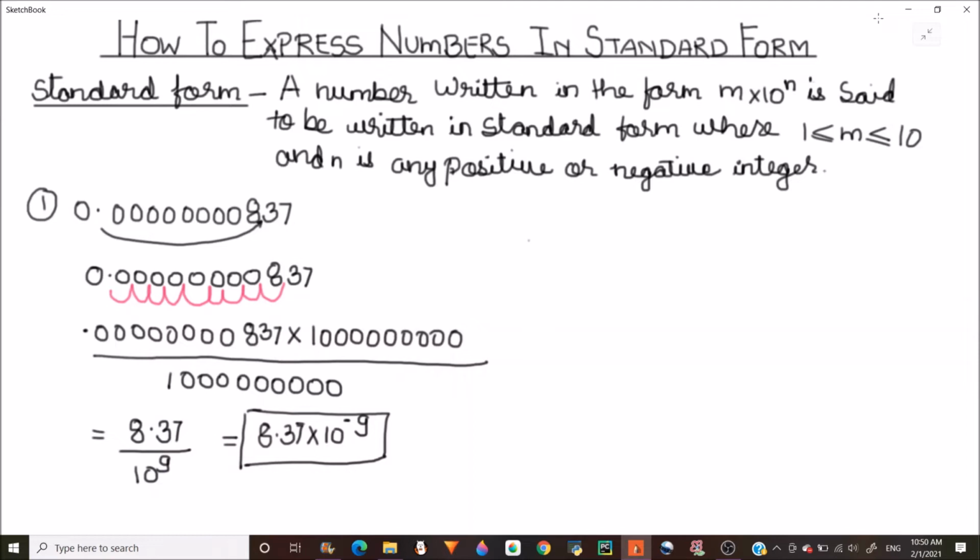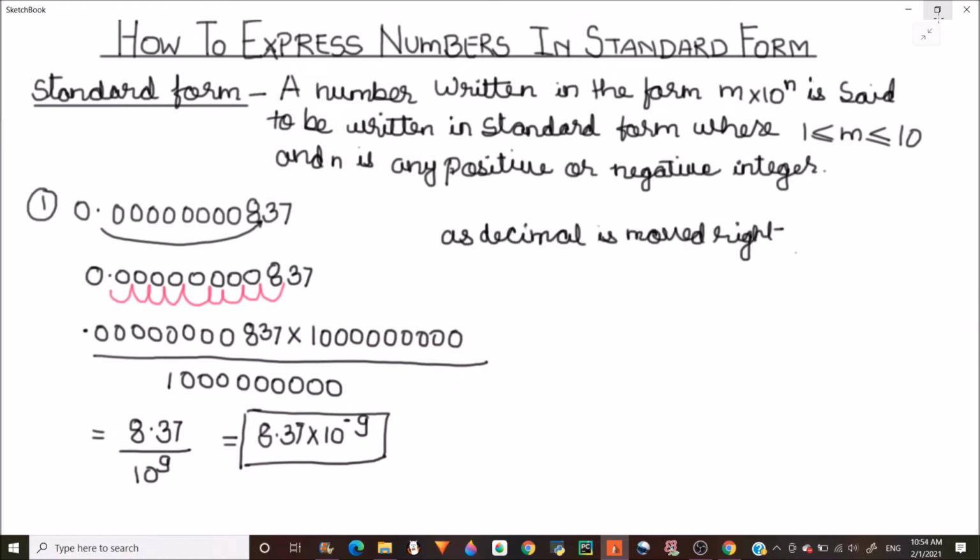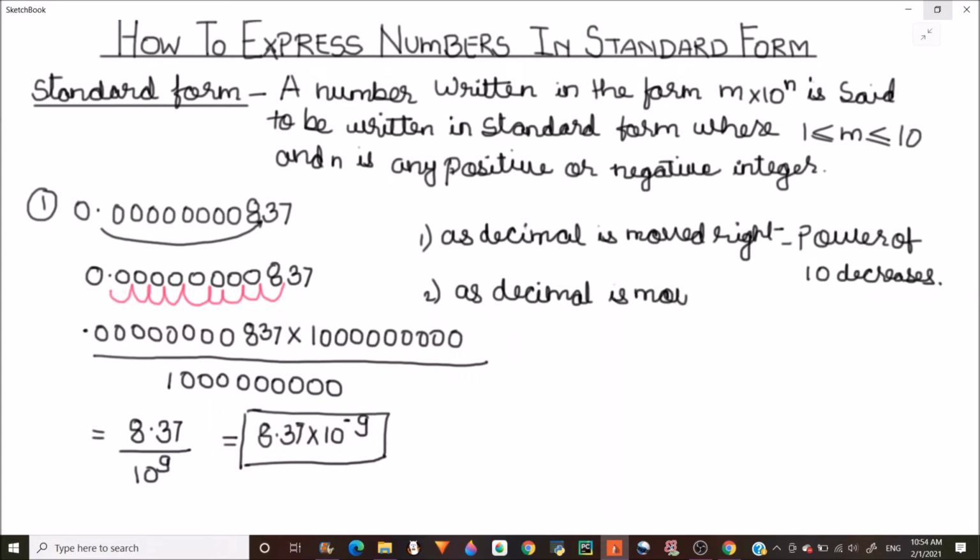We can even use a shortcut method, for which we have to remember that as the decimal is moved right, the power of 10 decreases. And as the decimal is moved left, the power of 10 increases.